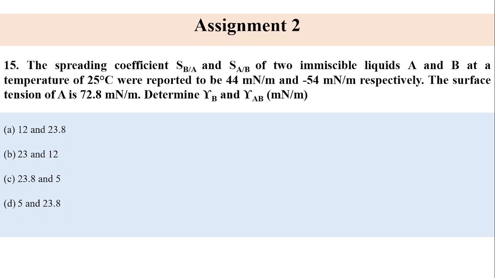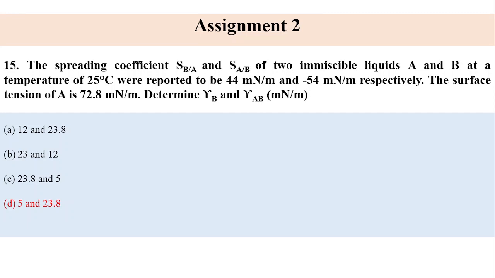So your options are: A, 12 and 23.8, that is surface tension of B is 12 and interfacial tension AB is 23.8. B is 23 and 12, C is 23.8 and 5, and D is 5 and 23.8. So the correct answer to the question is 5 and 23.8.